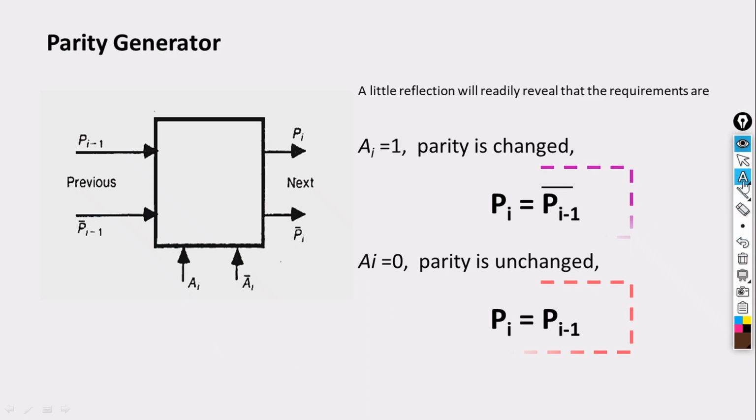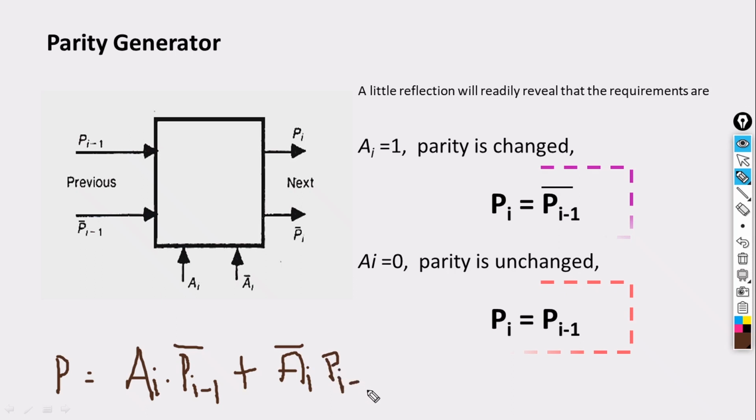What I can tell is that P is going to be, the final equation I'm typing, Ai into Pi minus 1 bar plus Ai bar into Pi minus 1.